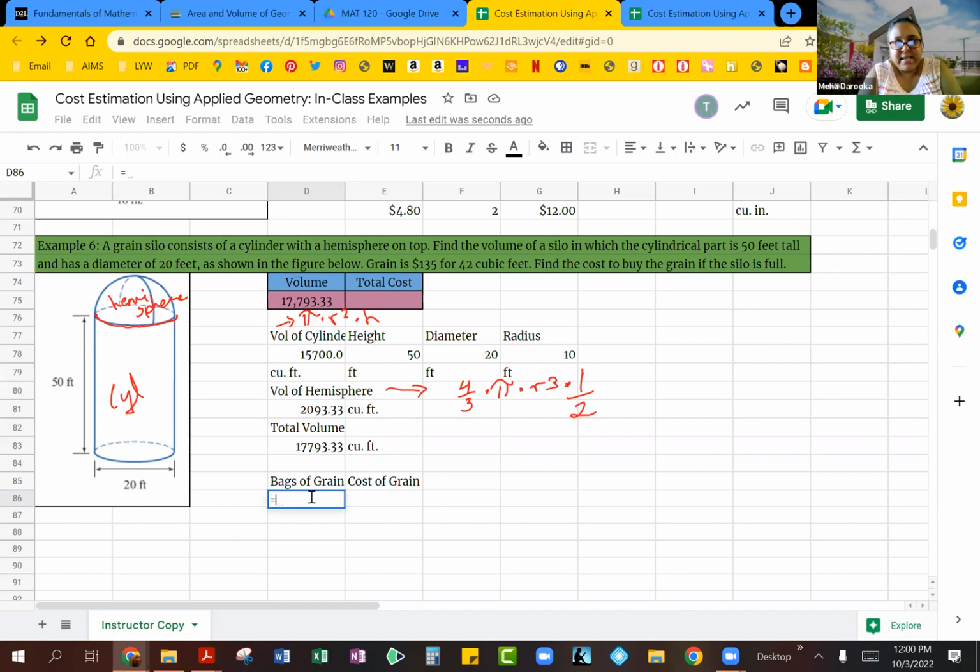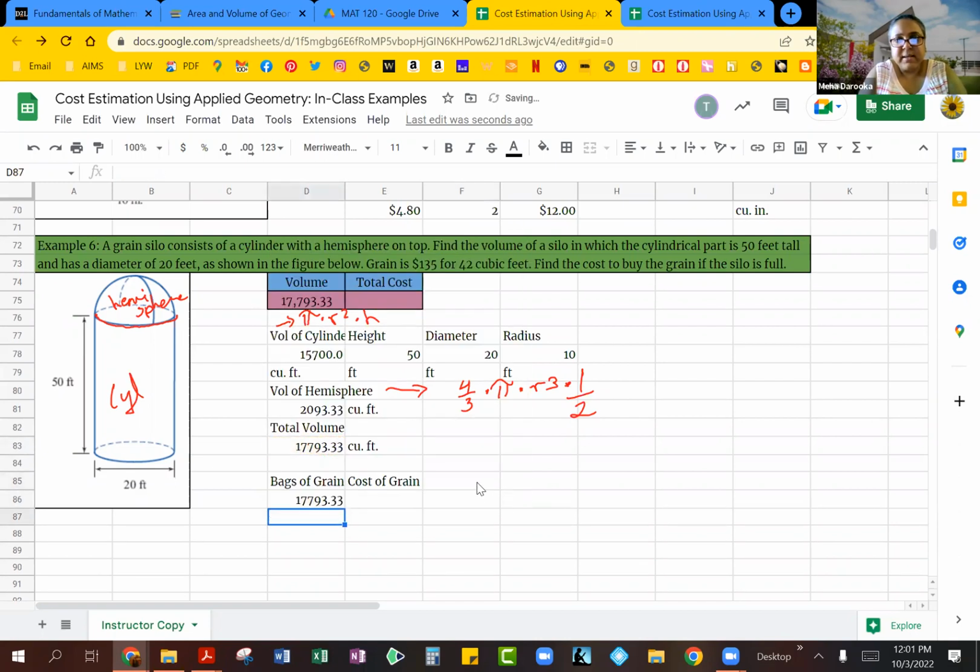Alrighty, so let's see. Each bag is 42 cubic feet of capacity. We know our volume of the silo, so take that number divided by our 42. Hold on a second. Let's see.